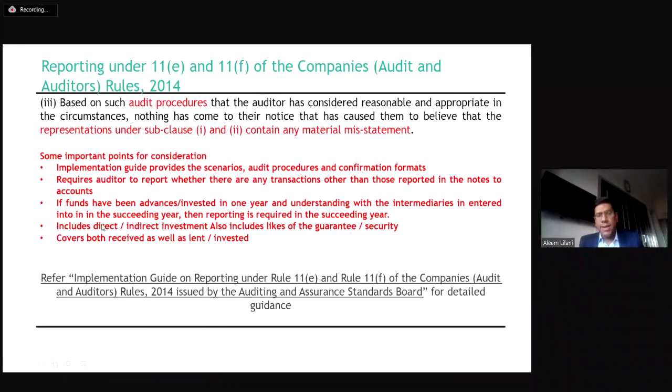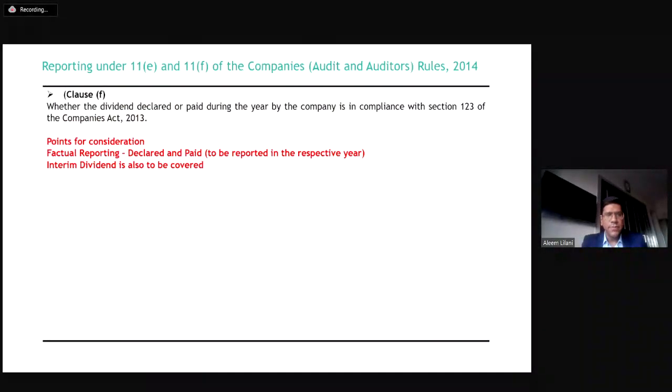It includes direct and indirect investments, and also includes guarantee and security. So we need to be very careful when we report these matters. It covers both money received as well as lent and invested, which I earlier mentioned. So I'll leave this there because further guidance is available, and probably we're having another detailed session on this.